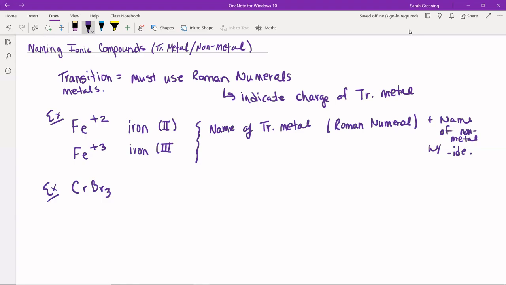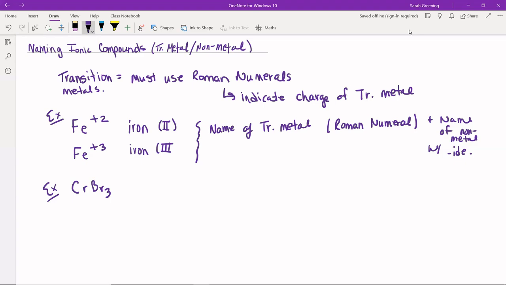And to figure out that charge, you need to look at the nonmetal, or rather the anion, because polyatomics will also follow suit, but we'll talk about polyatomic ions and transition metals in a different video.